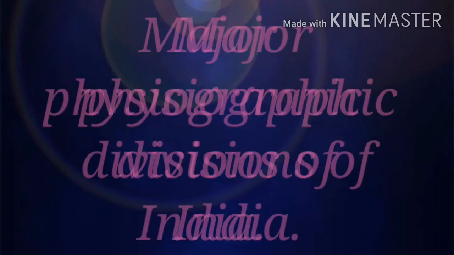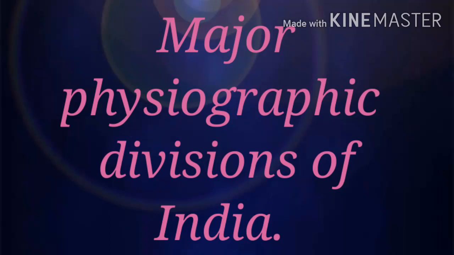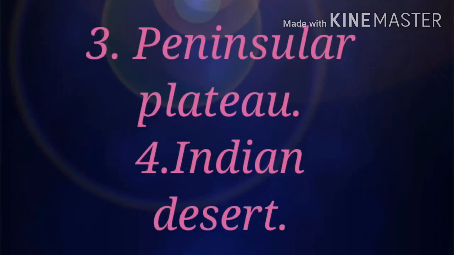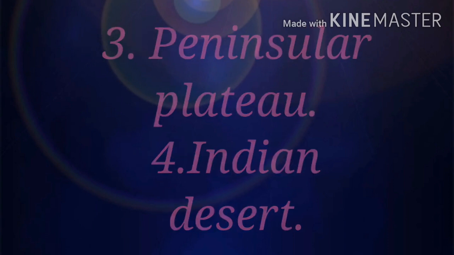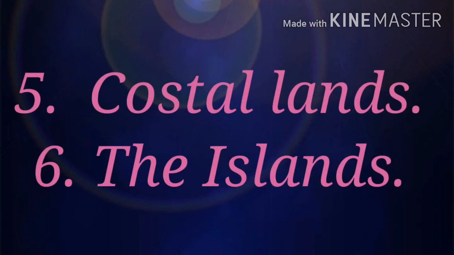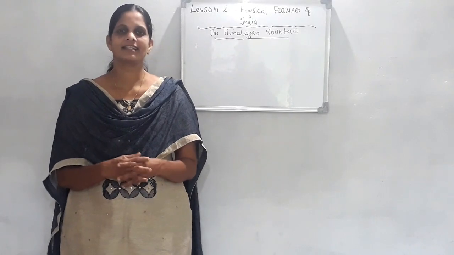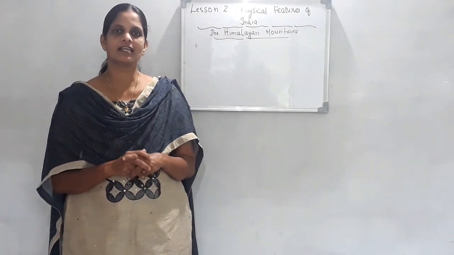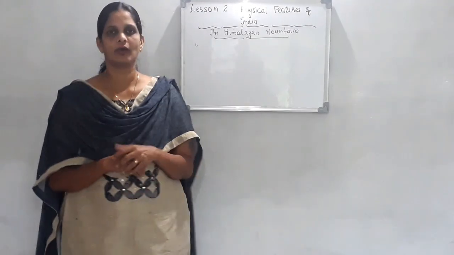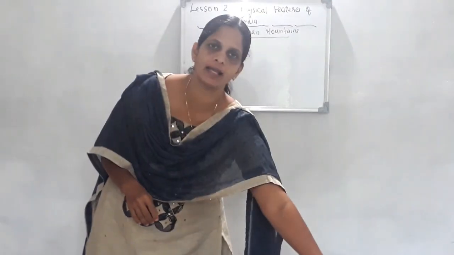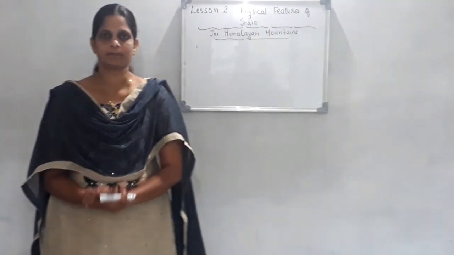The major physiographic divisions of India are the Himalayan mountains, northern plains, peninsular plateau, Indian deserts, coastal lands, and the islands. Dear children, the first topic we are discussing is the relief of the Himalayan mountains, the relief or topographical features.